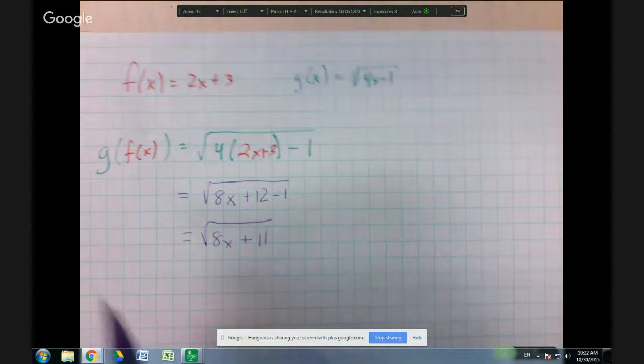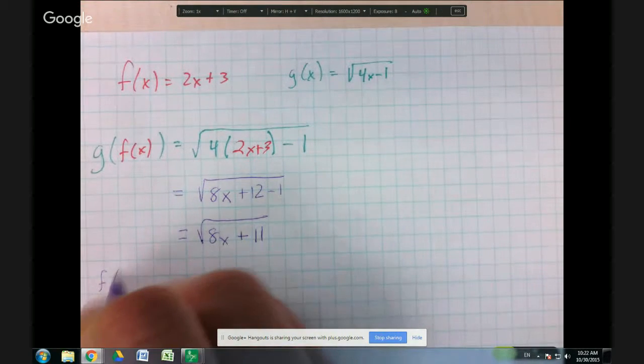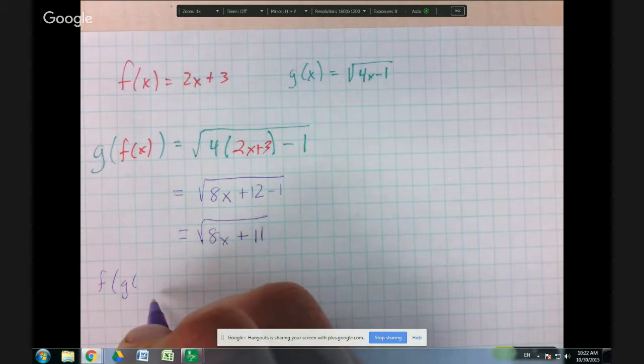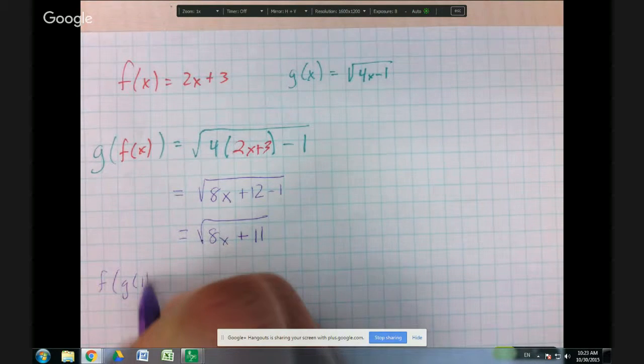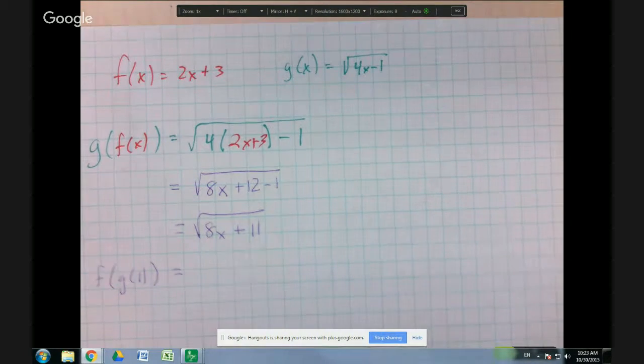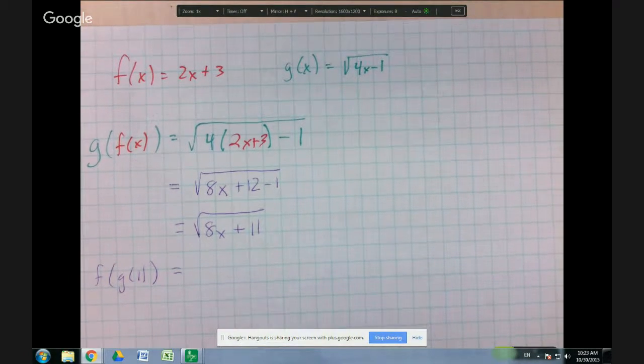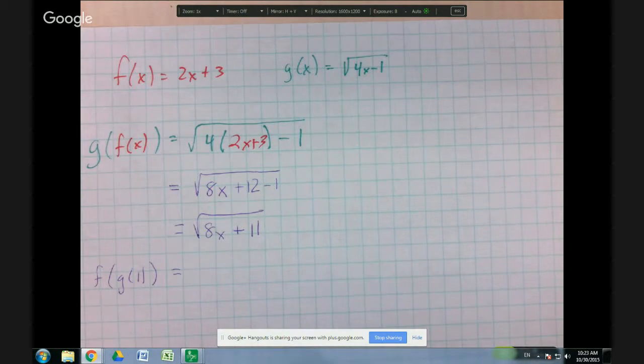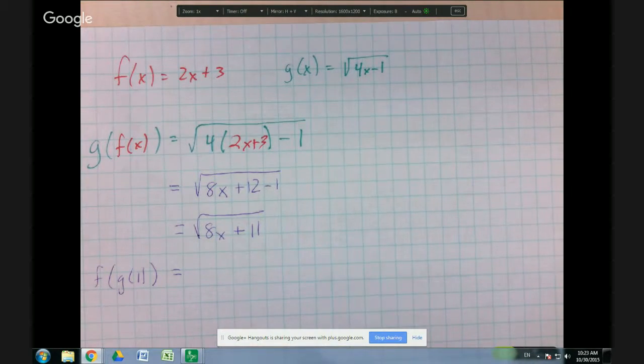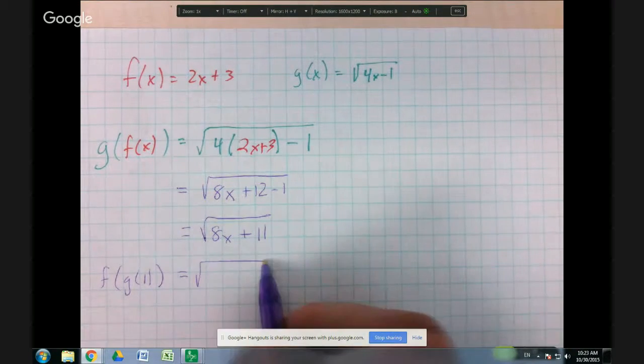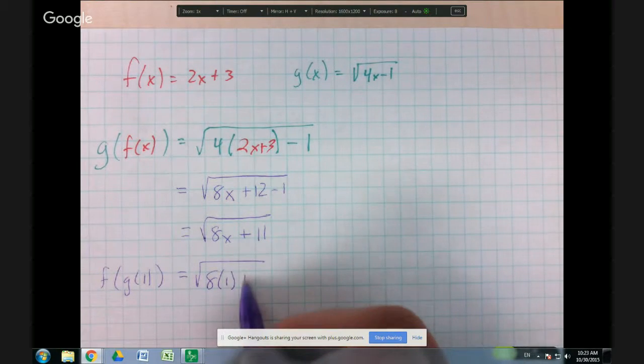Okay, let's say what's f of g of 1? You plug 1 in for x. 19.